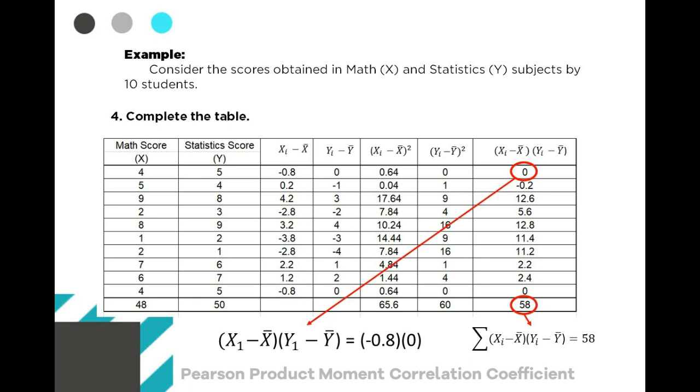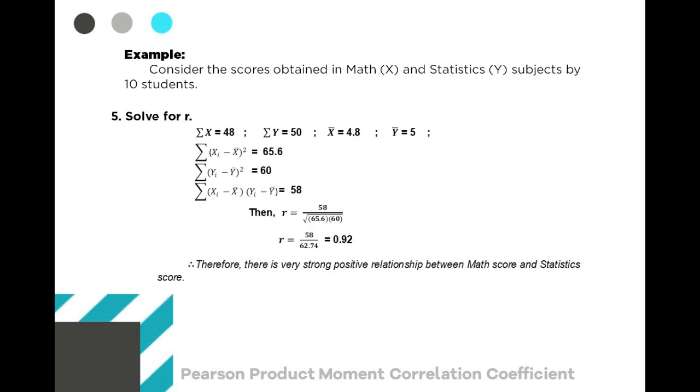Okay, so I think nakompleto na natin yung table natin. So our next step, after we complete the table, we solve for our r. So from our computation, we got these results. We have the summation of x, which is 48, the summation of y, which is 50, the mean of x is 4.8, and the mean of y, which is 5.